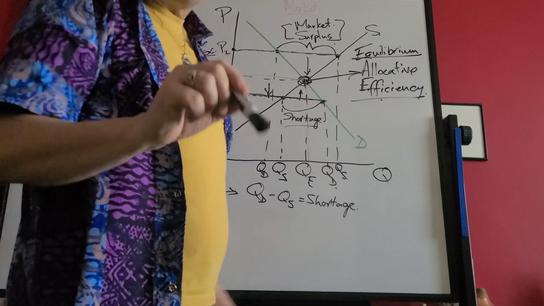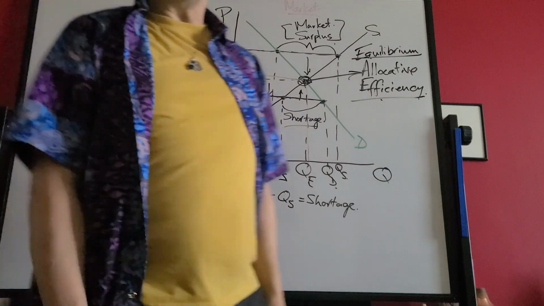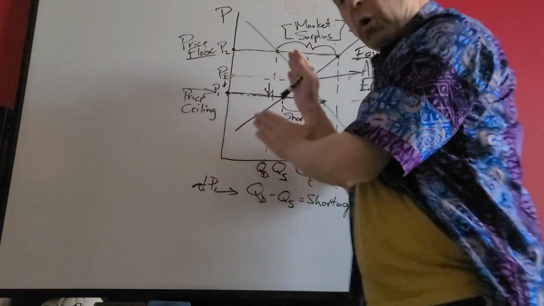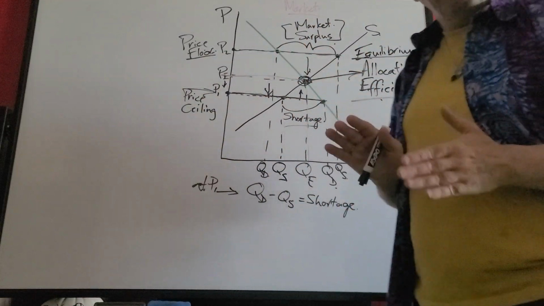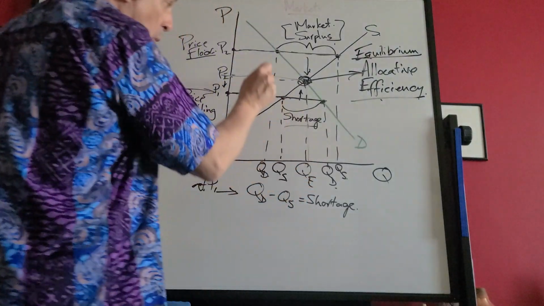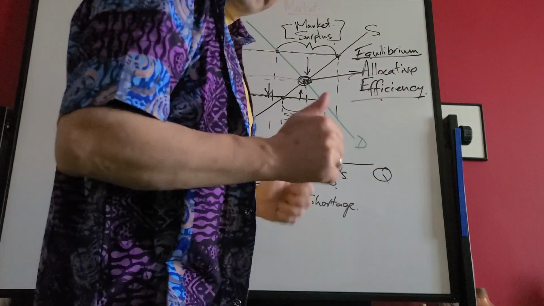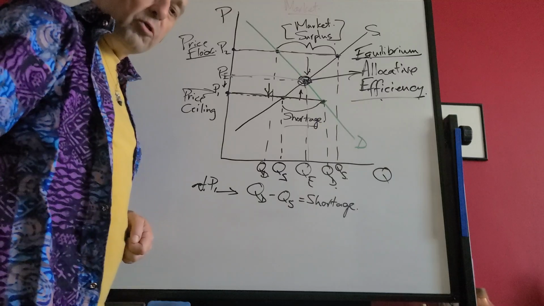But we have other things. We call them the determinants of demand. There are also determinants of supply, which could move one or both of these curves, and that will have an effect on this equilibrium quantity and price. So we'll look at that. We'll have a look at that next, because that's really key to understanding all this.